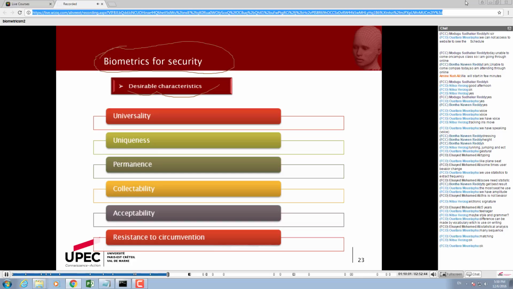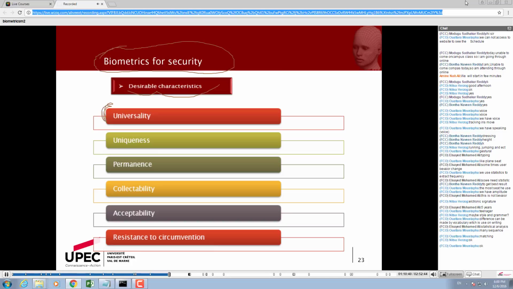If I ask you, what is the best biometric modality that one can use? It depends on the application. It's very difficult to say this modality is the best one, because we always have differences between different modalities.